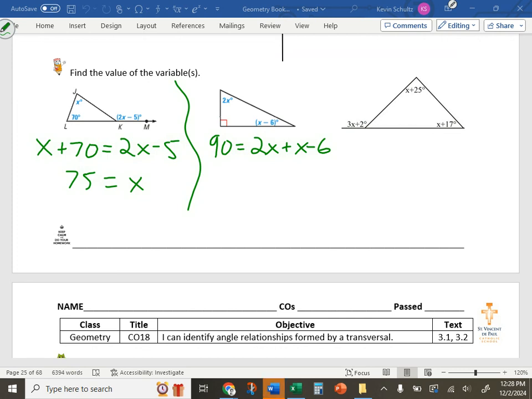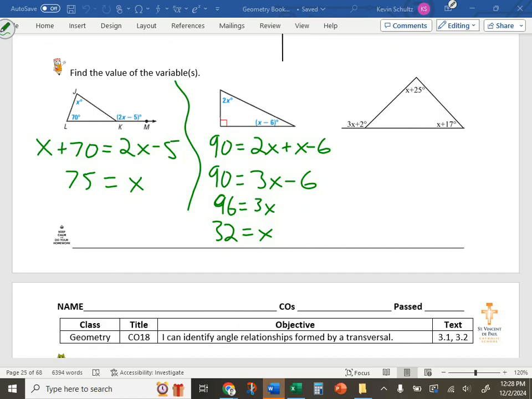So this one, simplify a little bit first. We have 90 equals 2x and x is 3x minus 6. Add 6 to both sides. That's 96, so 32 is equal to x.